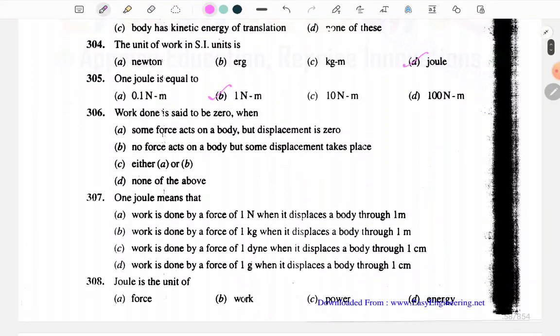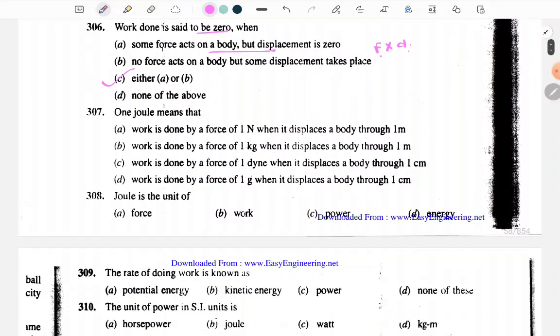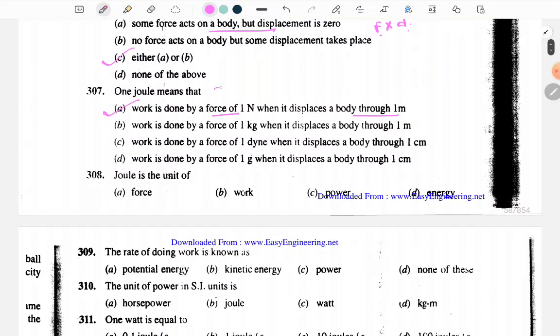Work is not done when some force acts on a body but displacement is 0, or force is 0. So force into displacement, out of these two any one is 0. No force acts on the body, some displacement takes place, either A or B. 1 joule means 1 Newton force displaced by 1 meter, because 1 joule is equal to 1 Newton meter.